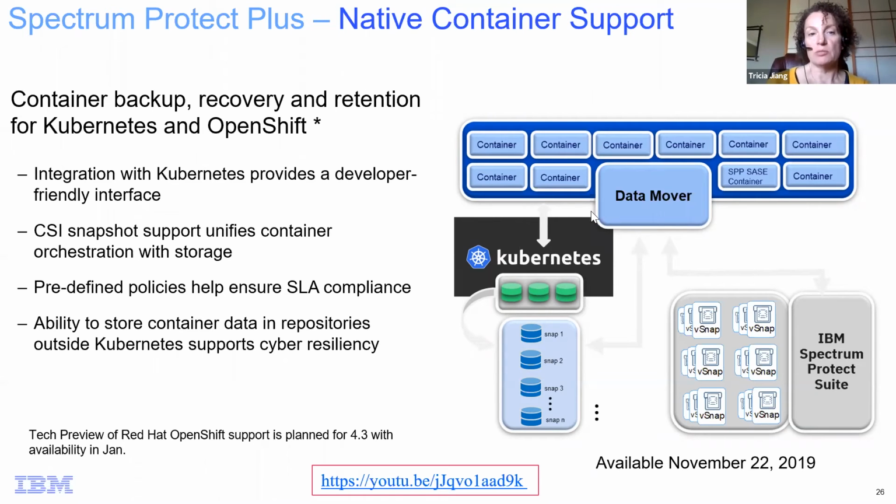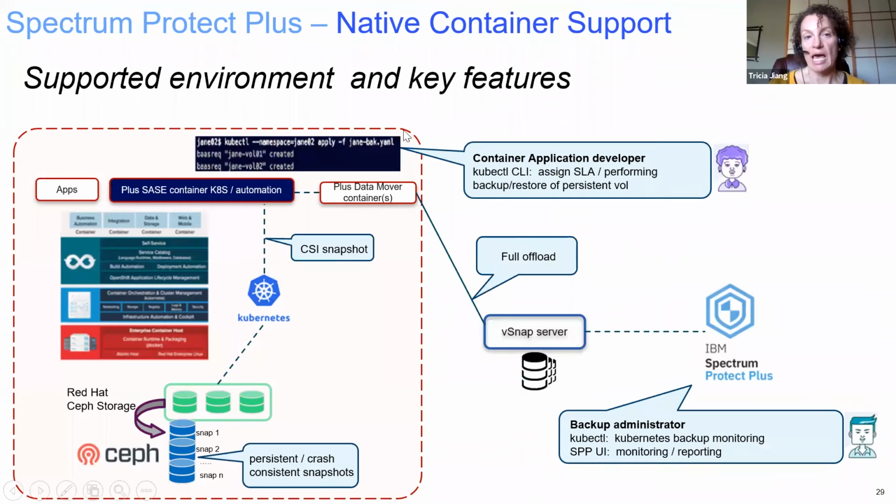And so Spectrum Protect Plus does have this container that you install, and it provides an interface with a CSI snapshot that you'll have inside of your Kubernetes environment. And you'll basically be able to set up some scripts and schedule it so that you have scheduled backups going out of your persistent volumes, being sent to the Spectrum Protect Plus server, which resides outside of your Kubernetes environment.